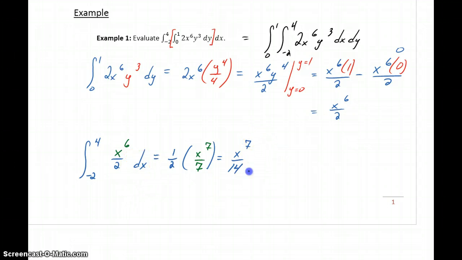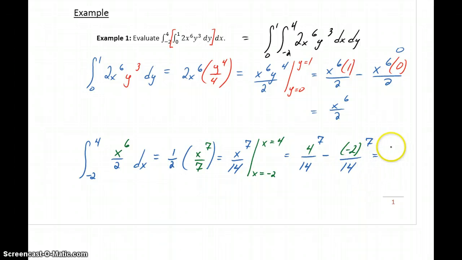Since we integrated with respect to x, then we want to evaluate this from x equals -2 to x equals 4, which will give us 4 to the 7th power over 14 minus negative 2 to the 7th power over 14, or a result of 8,256 over 7.